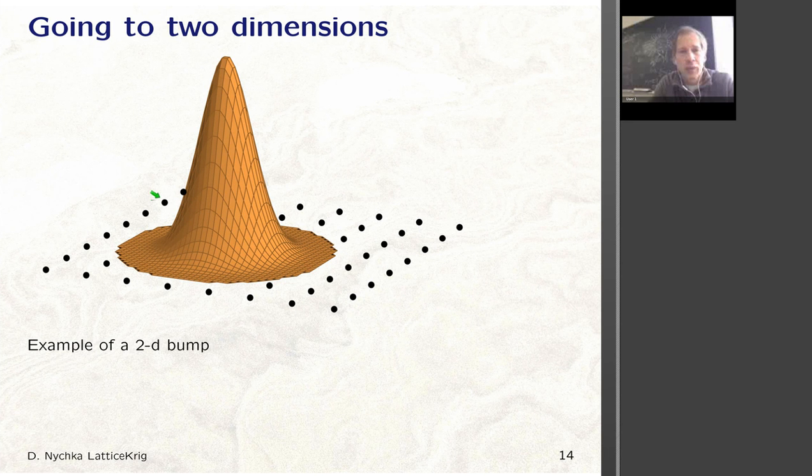The beauty of the lattice-Krig approach is that it's computationally efficient. And so it means we can be very liberal with the number of basis functions that we're throwing down. And you can imagine the basis functions are going to grow very quickly here. If we start with a lattice of 8 by 8, that's 64 basis functions, you say, well, that's not too bad.